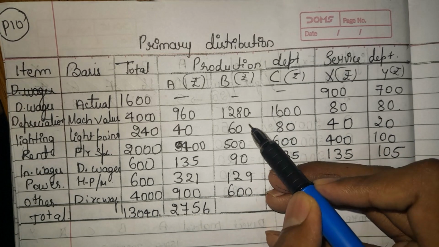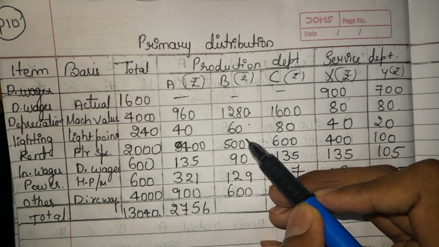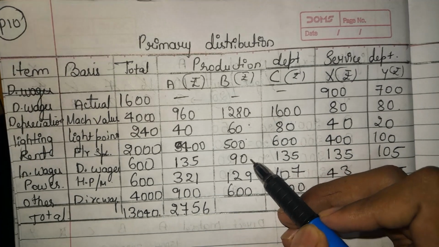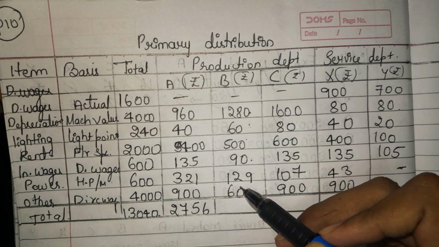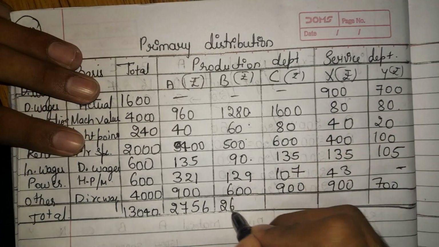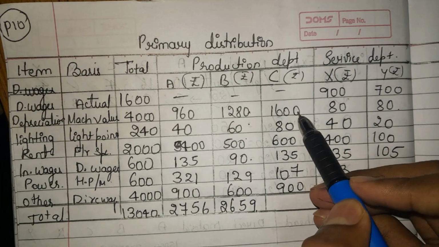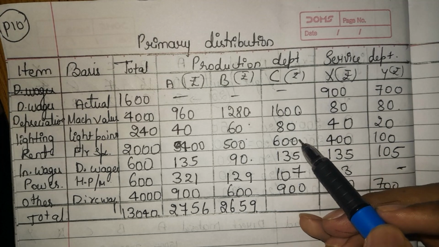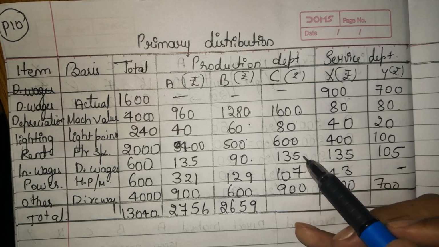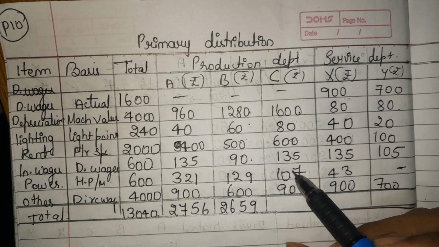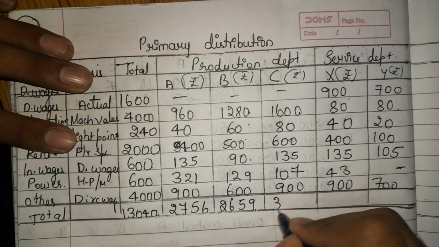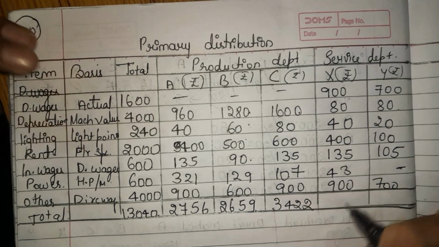Next 1280 plus 60 rupees plus 500 plus 90 plus 129 plus 600, it will be 2659. Next year 1600 plus 80 plus 600 plus 135 plus 107 plus 900, it will be 3422.